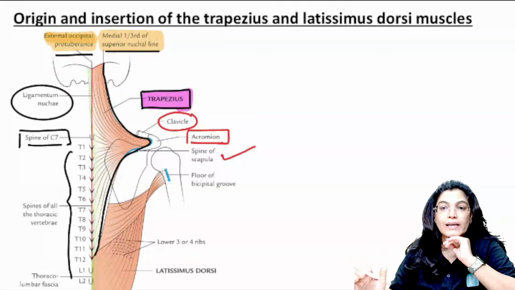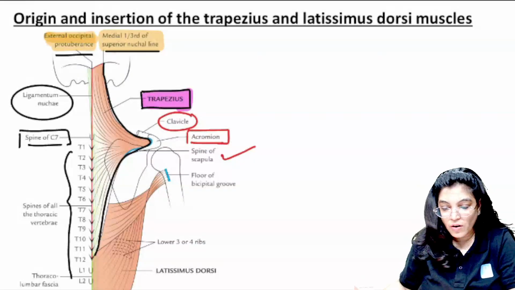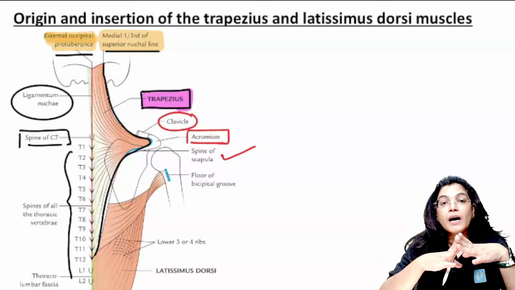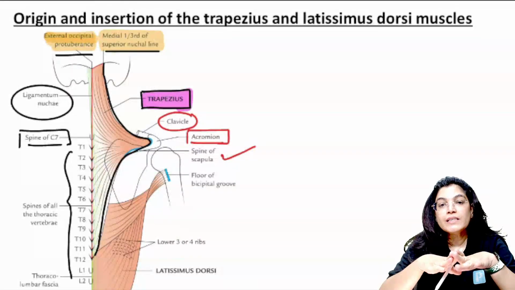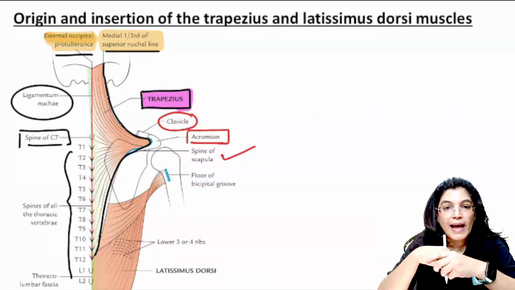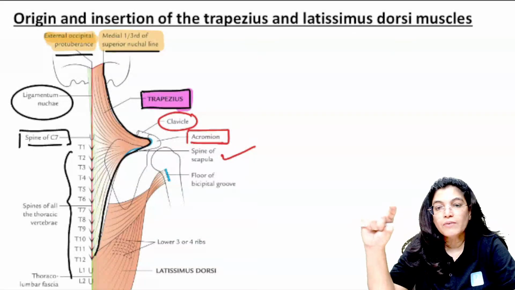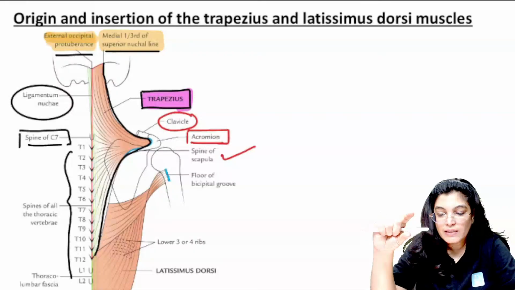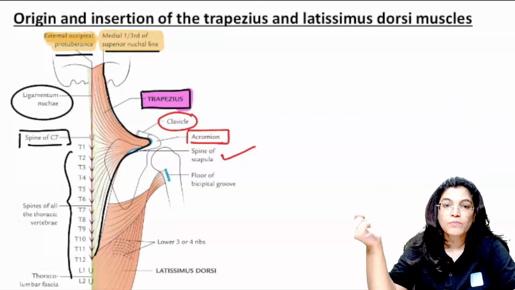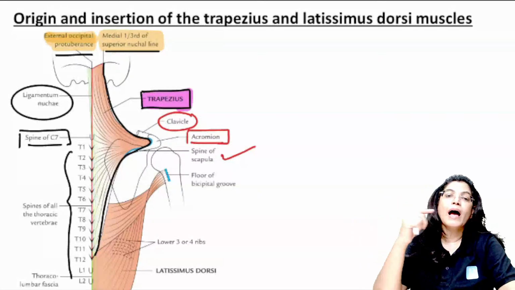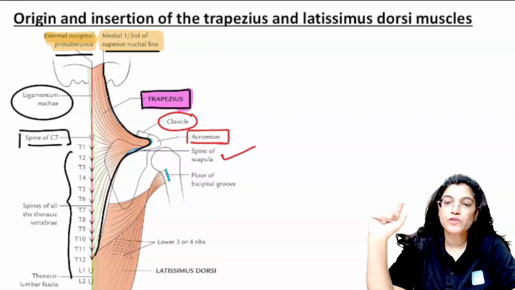So on the deltoid tubercle, the lower fibers insert. That means the fibers of trapezius will insert into the lateral 1/3 of the clavicle and the acromial process. The middle fibers will pass horizontally and insert onto the medial margin of acromial process and the upper lip of the crest of the spine of scapula, and the lower fibers will insert into the deltoid tubercle.